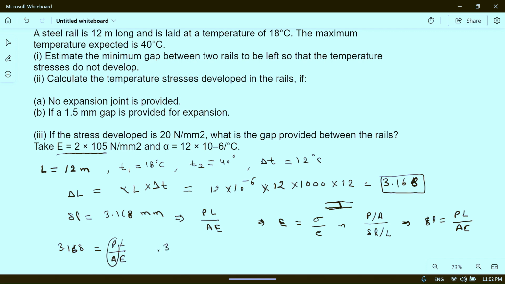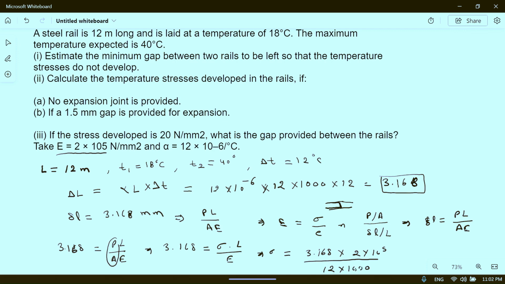So 3.168 is equal to stress into L by E. So stress is equal to 3.168 mm into E, which is 2 into 10 to the power 5, upon L, which is 12 into 1000.